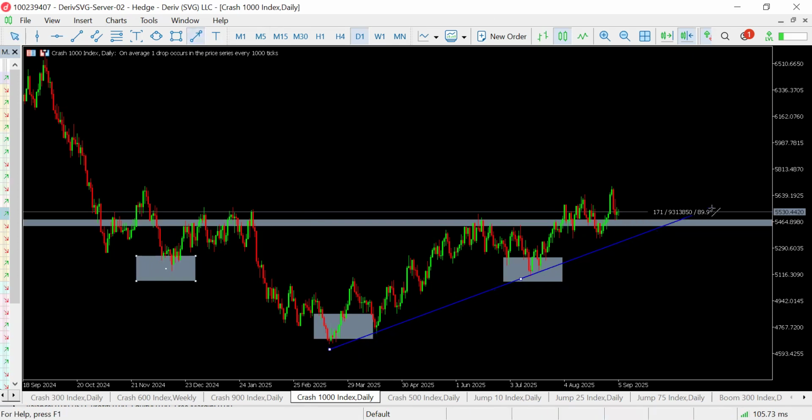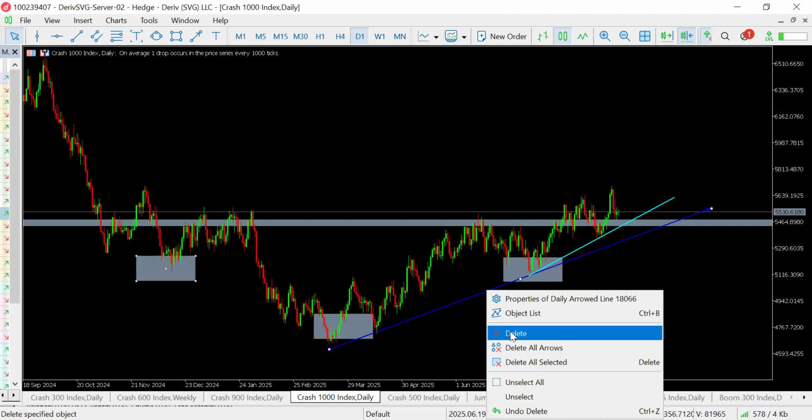An uptrend, if we are to look for any opportunity at all, it has to be what? Buying opportunity. So having this, then I can even include an internal trend line to cater for the most recent highs and lows of the market. So if I have this in, then I wouldn't be needing this. I would not be needing this for now.